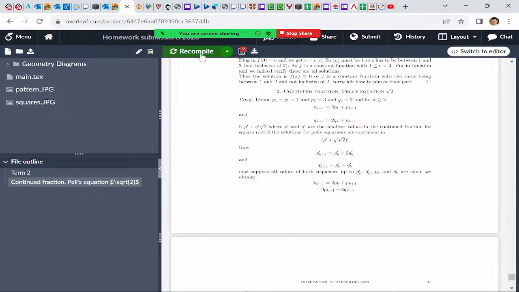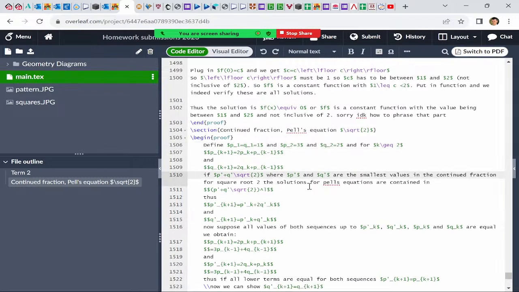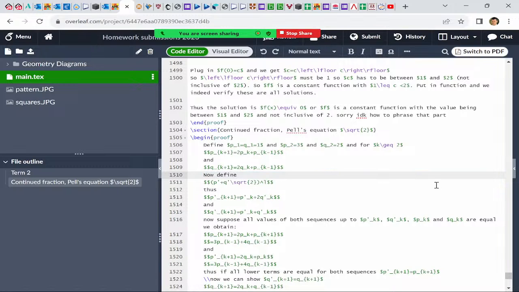What's the prime thing? Yeah, so now you define. So all this is not relevant. So now define P_k prime, Q_k prime. But use P prime k, just because that's the notation I use in every other thing.